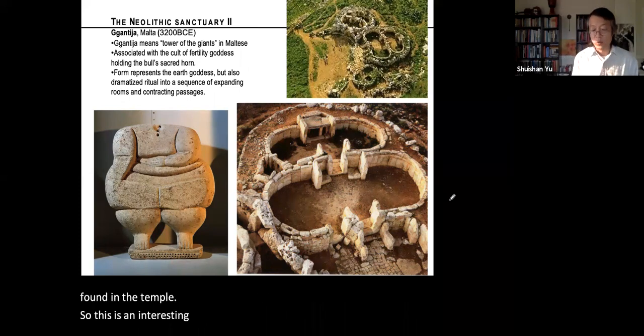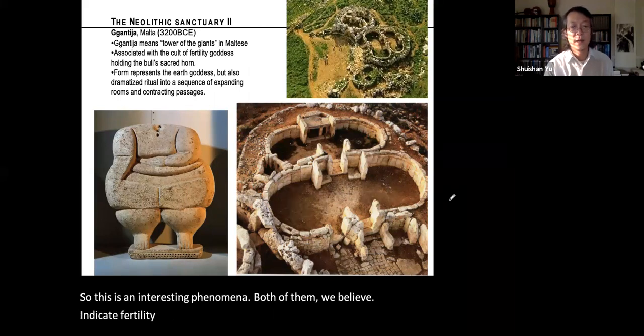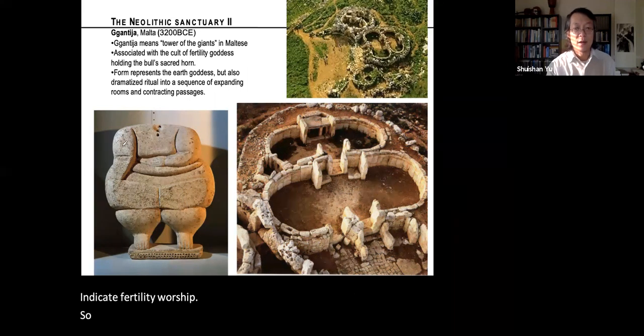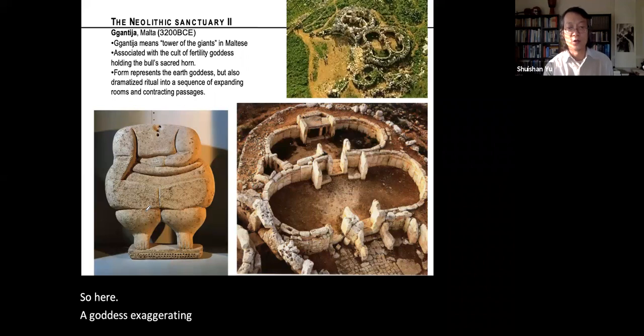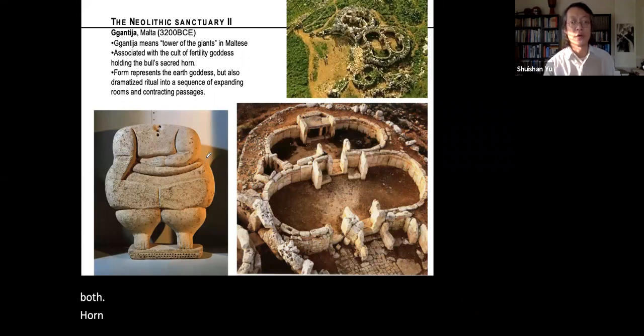Both of them, we believe, indicate fertility worship. So here, a goddess exaggerating female reproductive features is holding a bull's horn. In Catalhoyuk, we see precisely the same thing, even though they are separate.